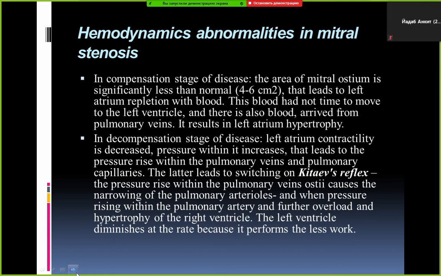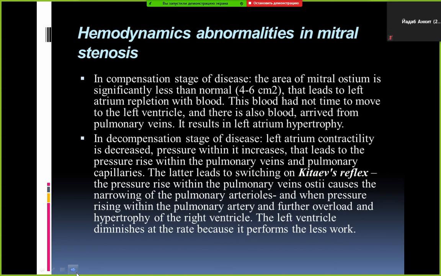In decompensation stage of the disease, left atrium contractility is decreased, pressure within it increases. That leads to the pressure rise within the pulmonary veins and pulmonary capillaries. The latter leads to switching on Kitaev's reflex, which means the pressure rise within the pulmonary veins ostia causes the narrowing of the pulmonary arterioles.